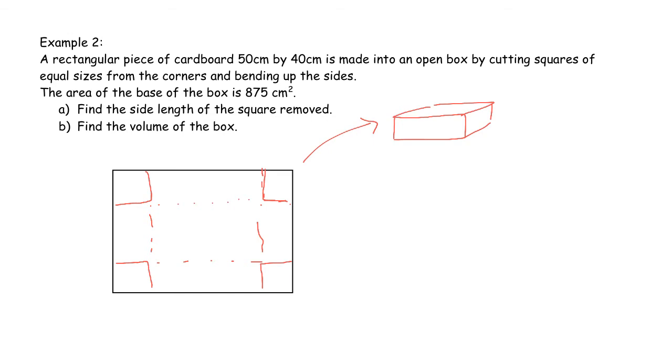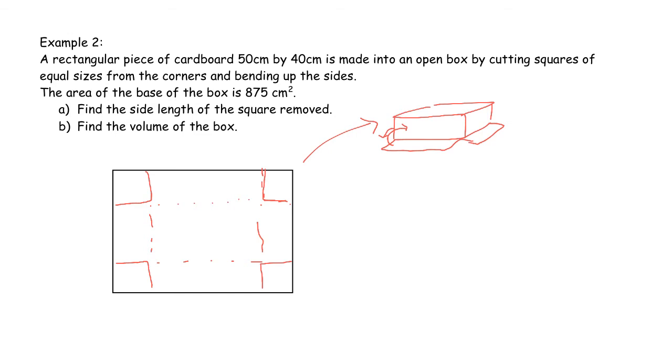So try and picture these sides kind of coming down. Like originally it looked like this, right? With the corners cut out, and then we fold them up and it makes into a box. I don't know, I'm not that great of an artist, but that's the idea. Hopefully that makes sense to you. I can always make a video of me cutting out a piece of paper and post it on the discussion board if you need it.